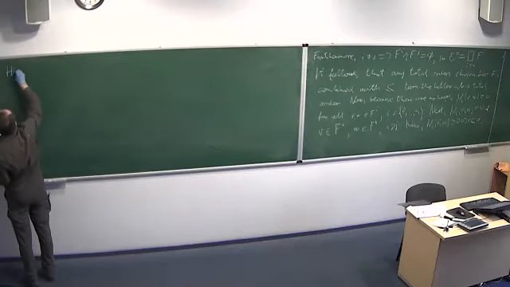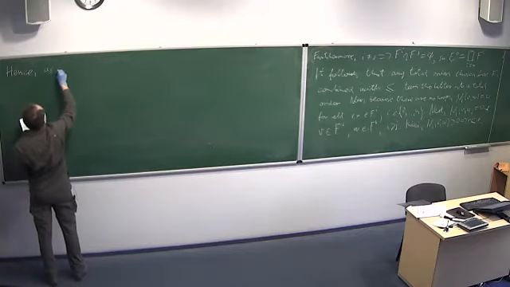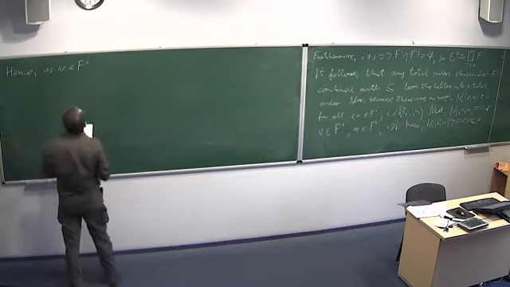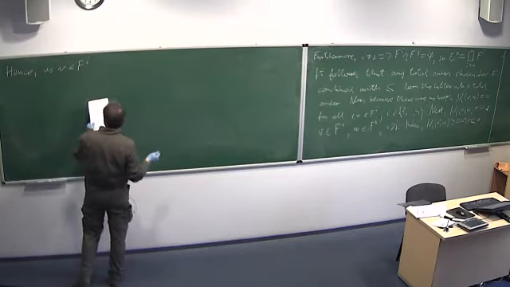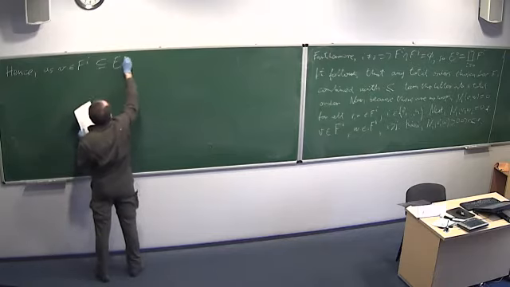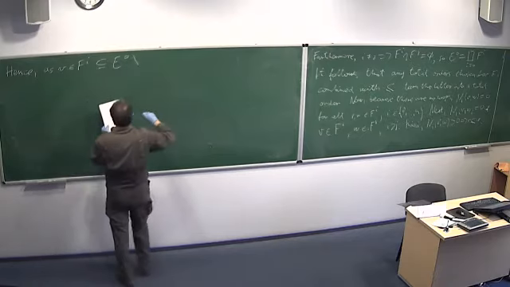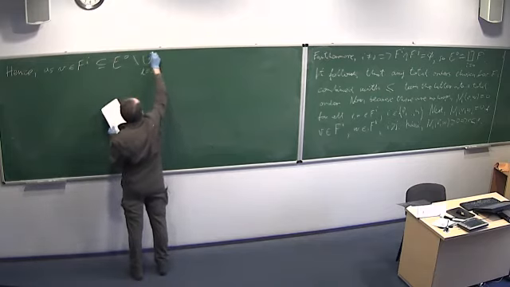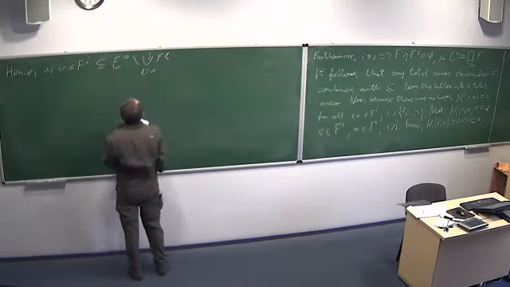So hence, as V is in Fi by assumption, and i is bigger than j, I know that Fi is a subset of E0 minus the union, say, from l equals 0 to j of Fl.